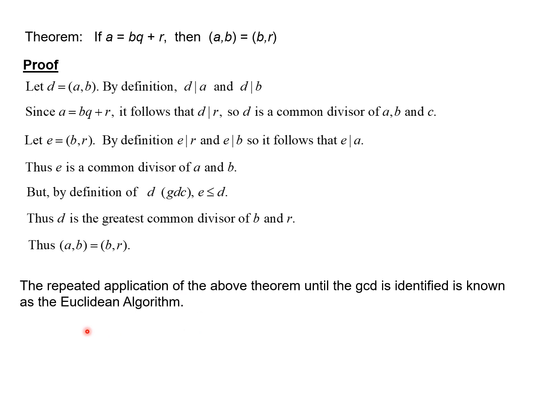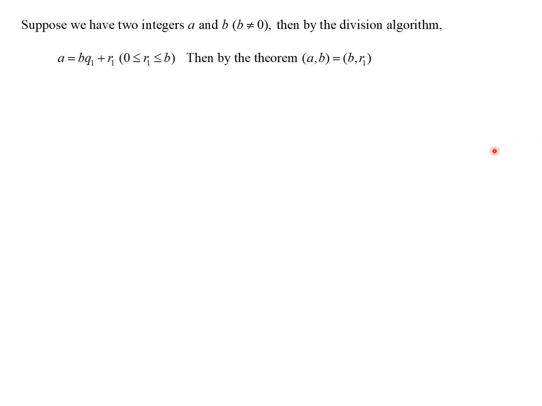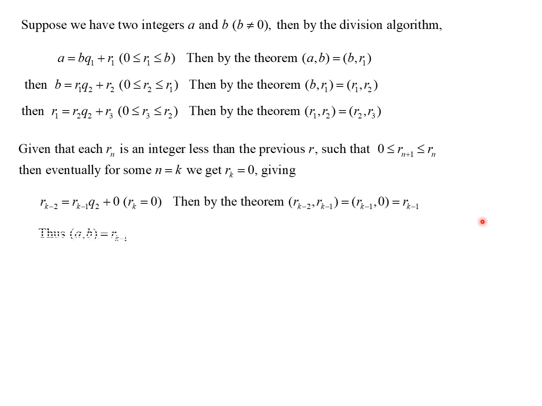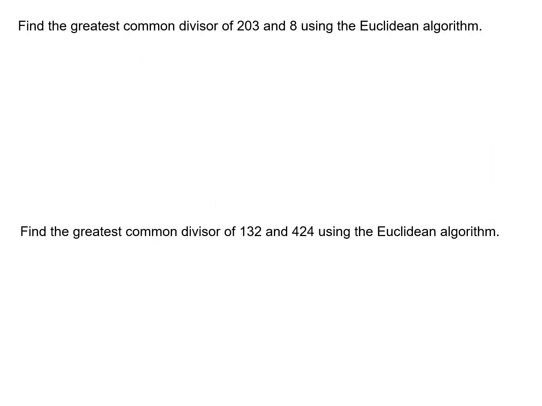So you have to understand what a division algorithm is, and you need to apply the division algorithm repetitively in order to solve mathematical problems related to the Euclidean algorithm. Okay, so in this case, we will look at, for example, find the greatest common divisor of 203 and 8 using the Euclidean algorithm.